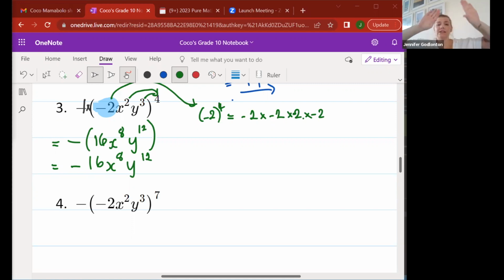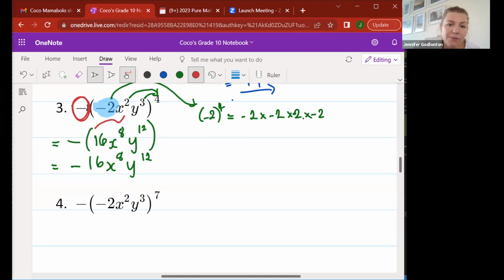So the negative that is outside the bracket, we only take that negative into account once we have dealt with everything in the bracket. So we first simplify everything inside there, and then we multiply that negative in. Okay. Yes, ma'am.